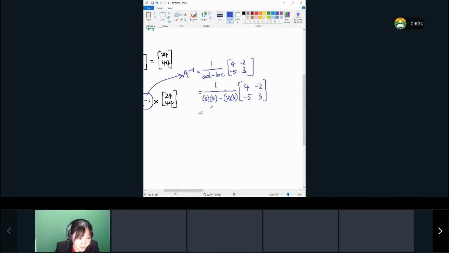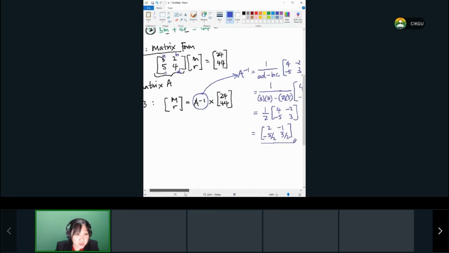Oh, nice number. So 1 over 2, then 4, -5, -2, and 3. Of course, as I told you guys, I don't like fractions outside, so I will multiply it in. I feel like this one is easier. Half times 4, 2. Half times -2, -1. Half times -5, -5/2. Half times 3, 3/2. Done. We got our inverse matrix ready.